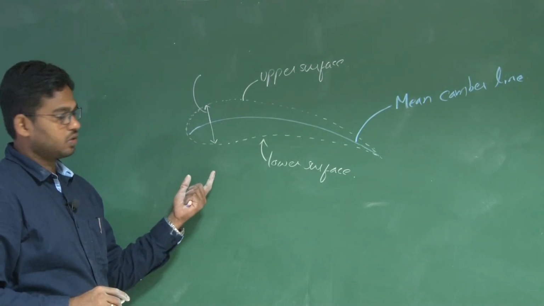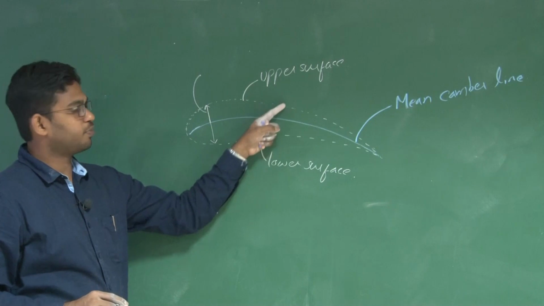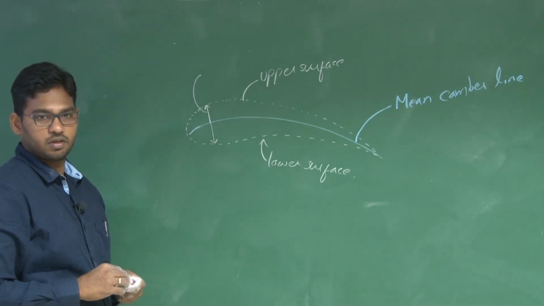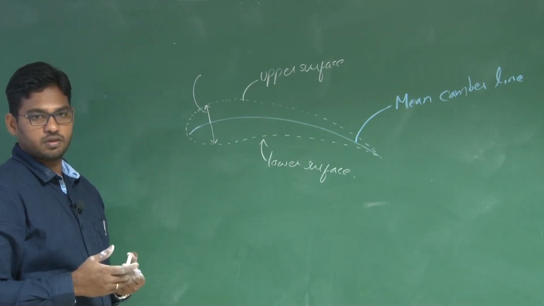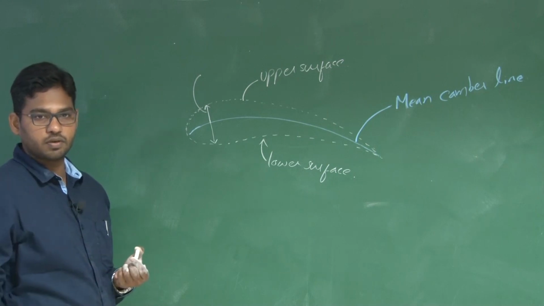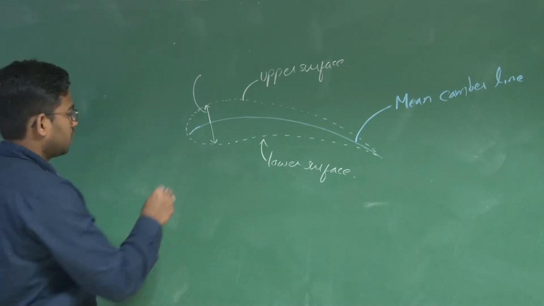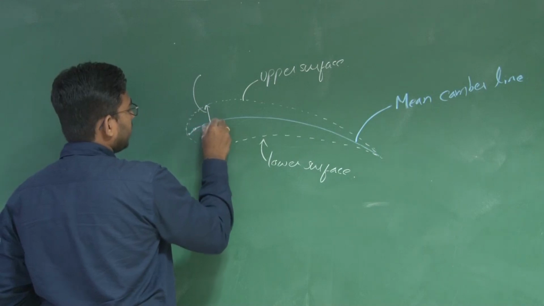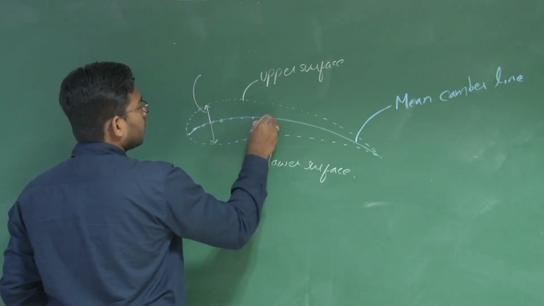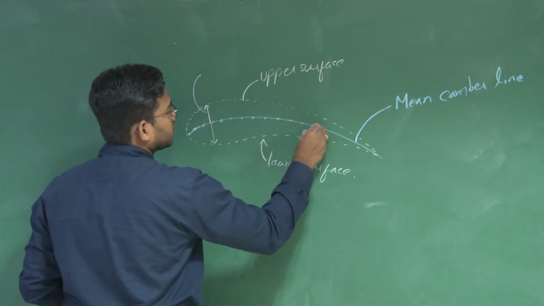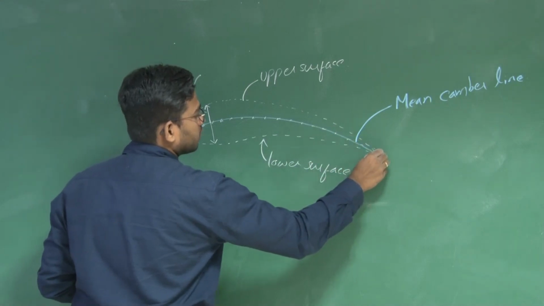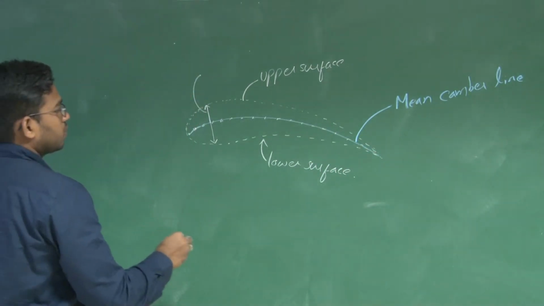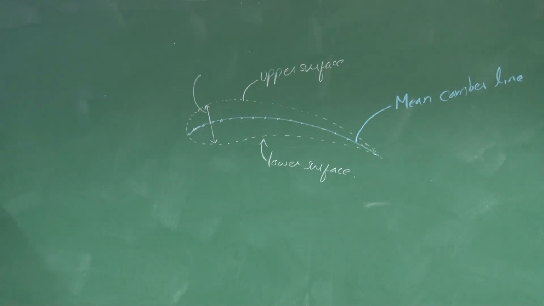You understand? So this mean camber line will be the midpoints of the thickness at that particular location, right? So mean camber line can be defined as the locus of midpoints of thickness of an aerofoil.